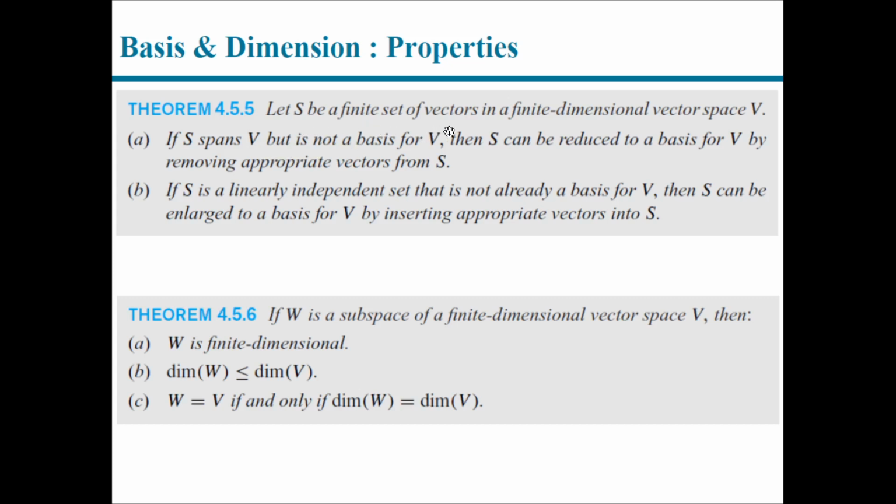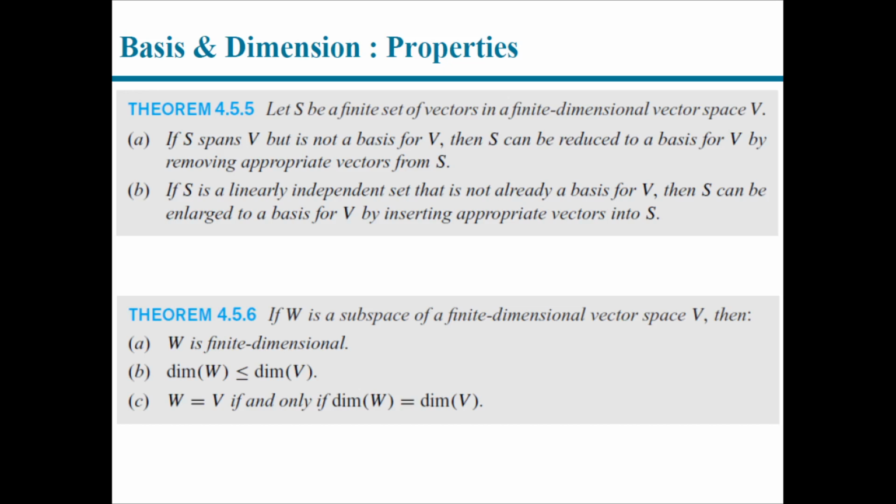So I have a set with a finite number of vectors inside, and it's contained in a linear space that is finite dimensional, which means, let's say the dimension of V is like 7 or 11 or 1000, but it's a fixed number.